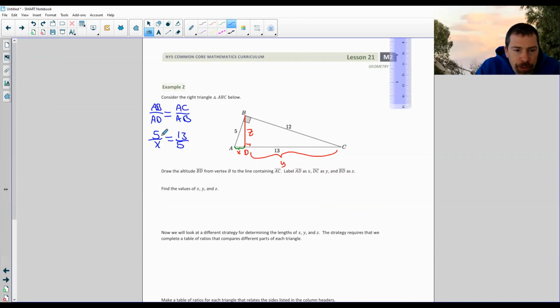Okay, so we have a shared side. The 5s won't cancel. We cross multiply. We get 13x equals 5 times 5 and divide both sides by 13. So therefore, x equals 25 divided by 13.